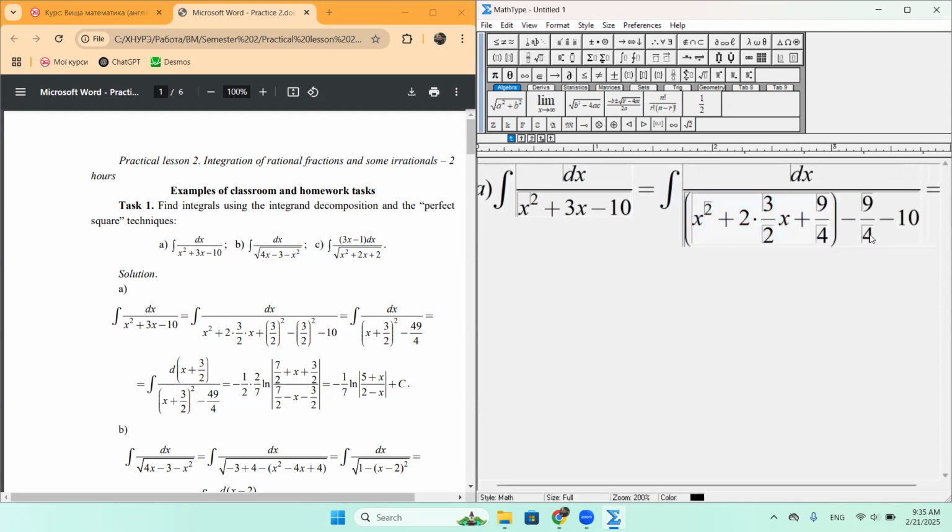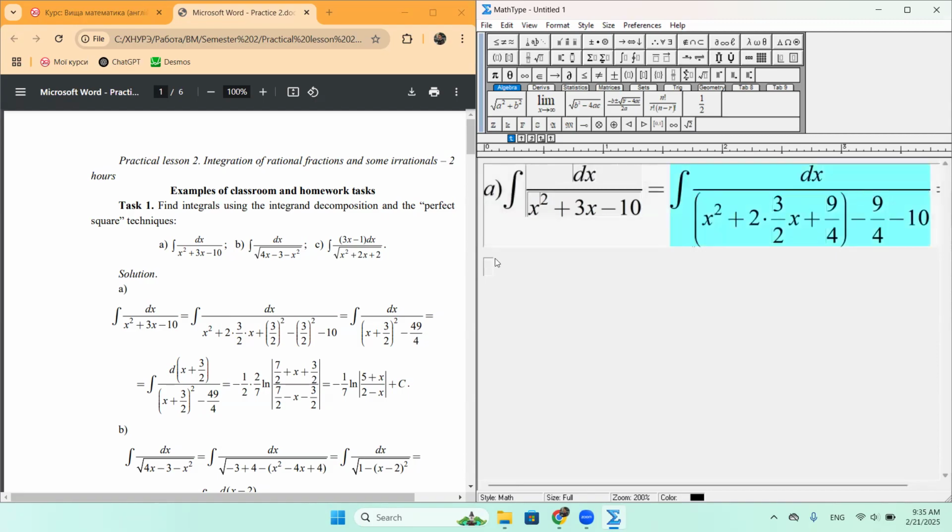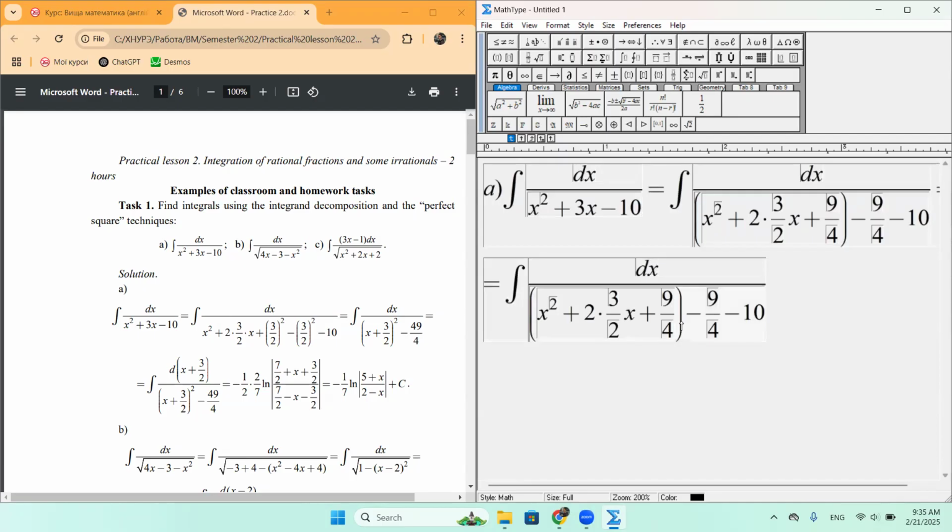So now we can collapse this expression and write it in a more compact way. So here is the square. So it will look like this.